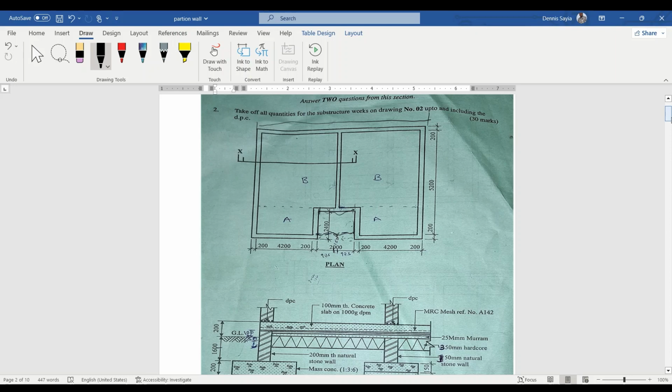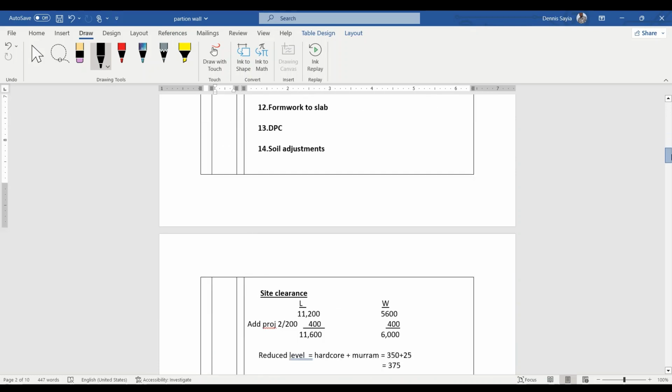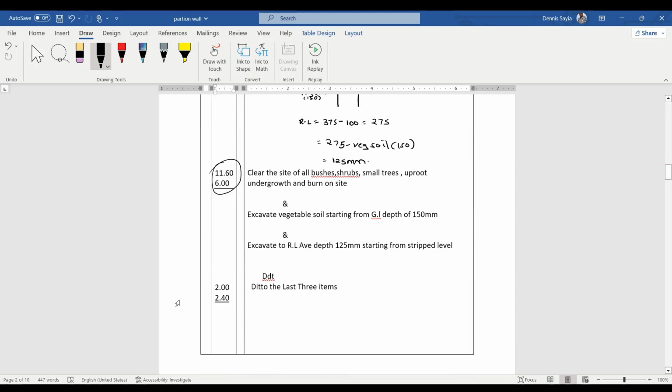So that is what we are removing. But remember, this wall here has come here, so what is left is from on top of the wall upwards, that is 2200. So we have 2000 by 2200, that is what we are deducting. Sorry, this is 2200. So these are the last three items.